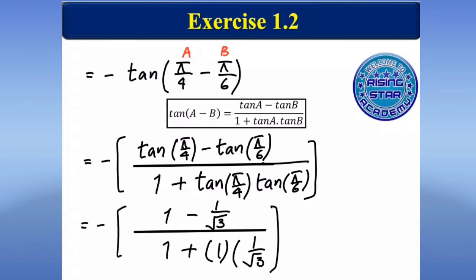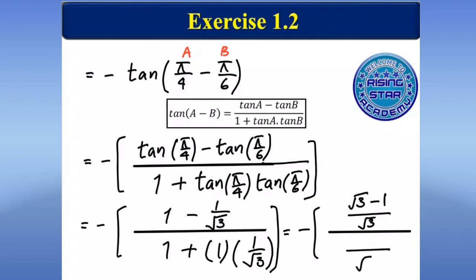Now we will take the LCM. So here we have square root of 3, so that would be square root of 3 minus 1. Here we also have square root of 3, so square root of 3 plus 1. Now we will cancel the denominator.